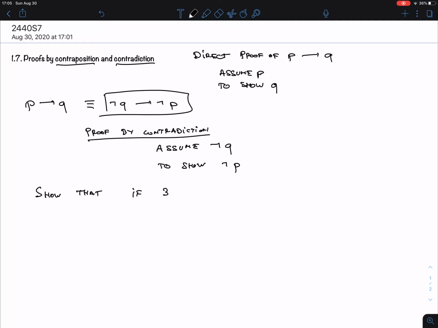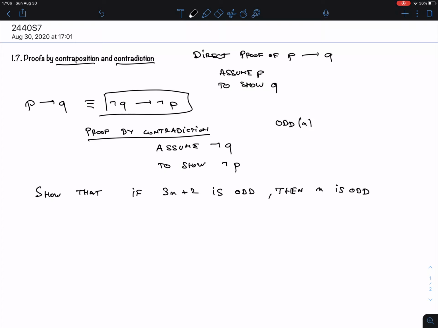if 3n plus 2 is odd, then n is odd. Now you could try to do this directly: assume that 3n plus 2 is odd, but then what are you going to do with that? Remember, odd is a predicate.